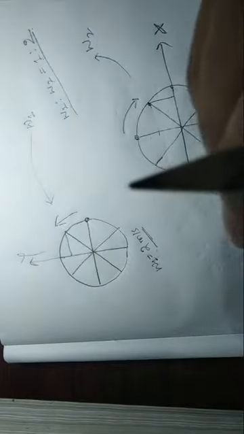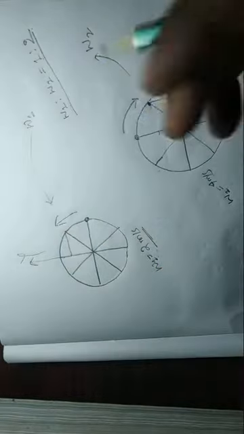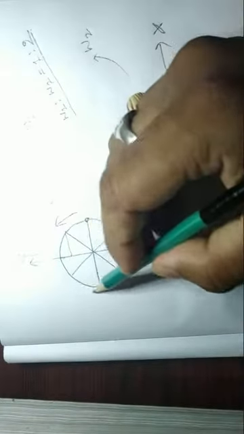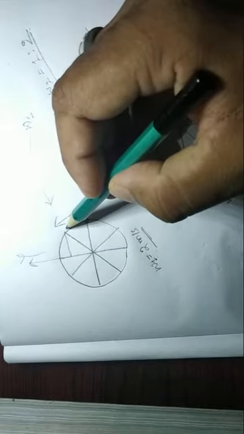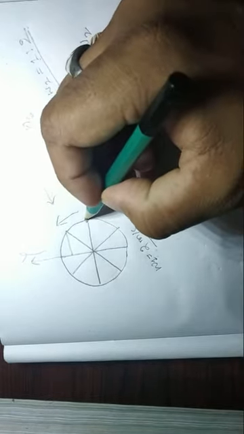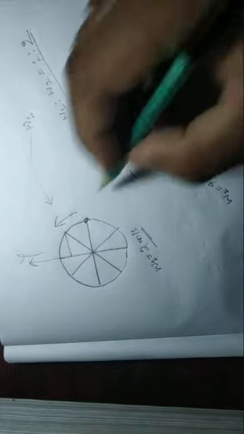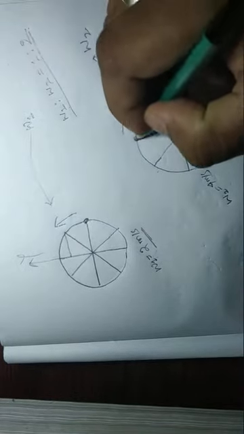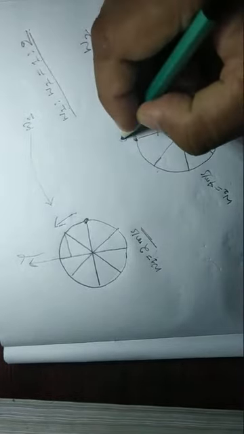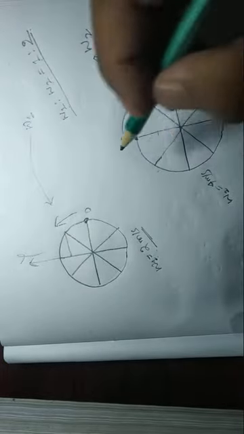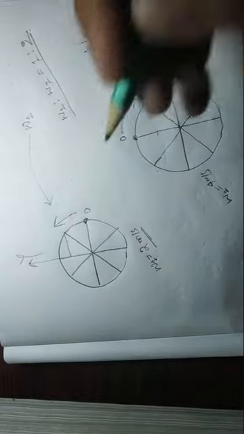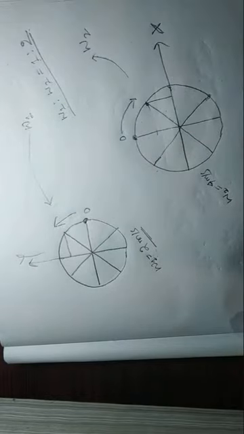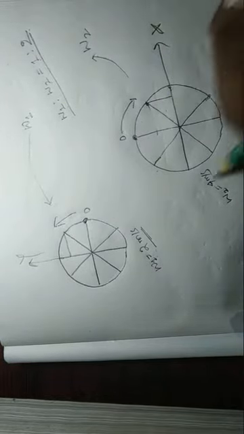Now you can easily say that as this particle is slowly moving on the circumference, suppose this particle and this particle both start from their original positions. Who will come back to its original position after one rotation? The one moving with the faster velocity.